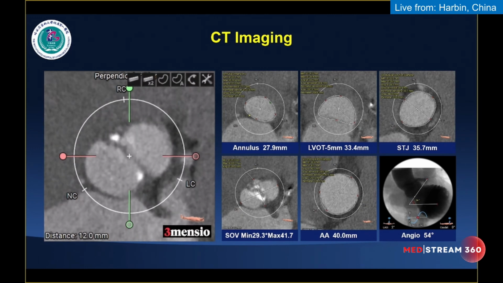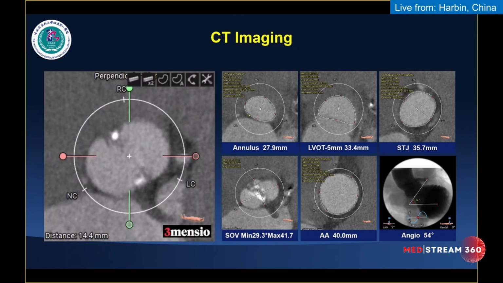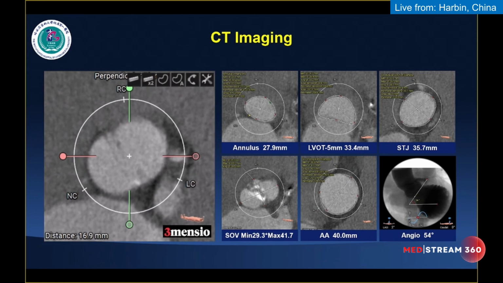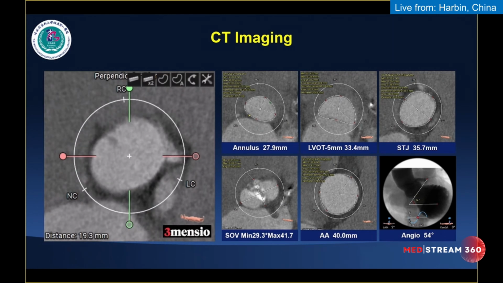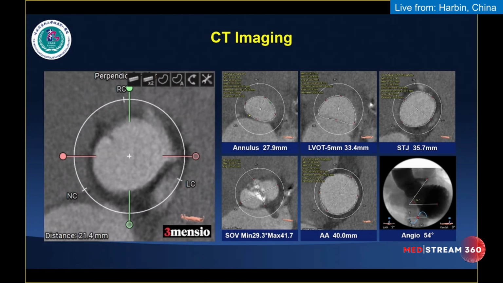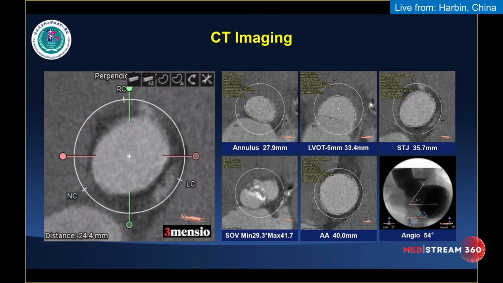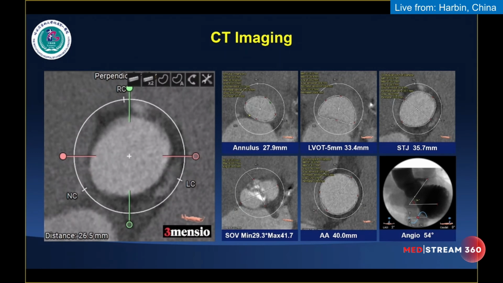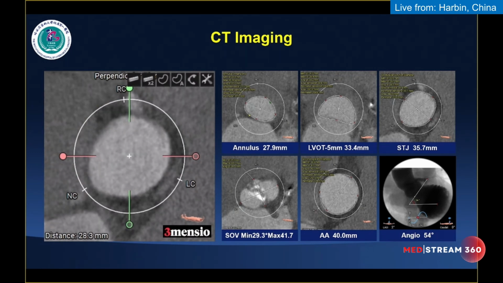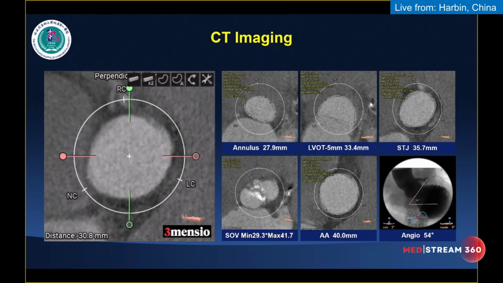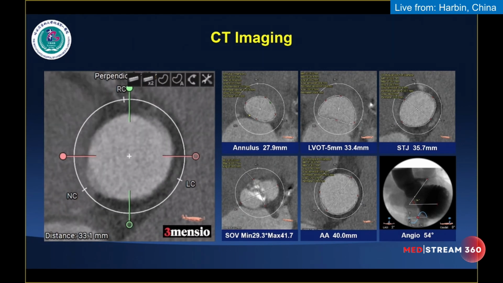And we can also see the AAO, almost 40 millimeter. We can also see the angle between the annular plane and the horizontal plane, and the degree is 55.